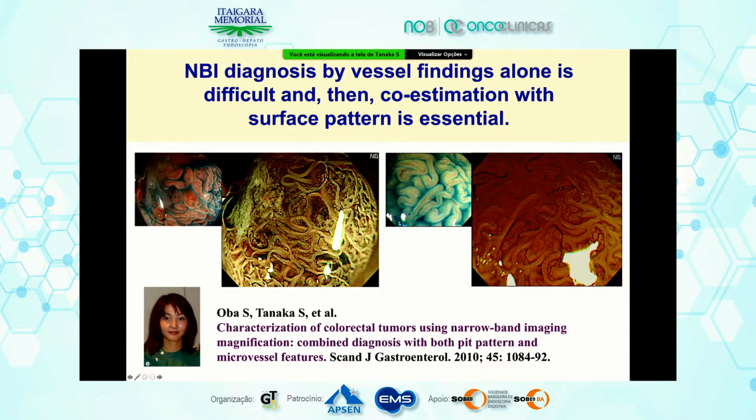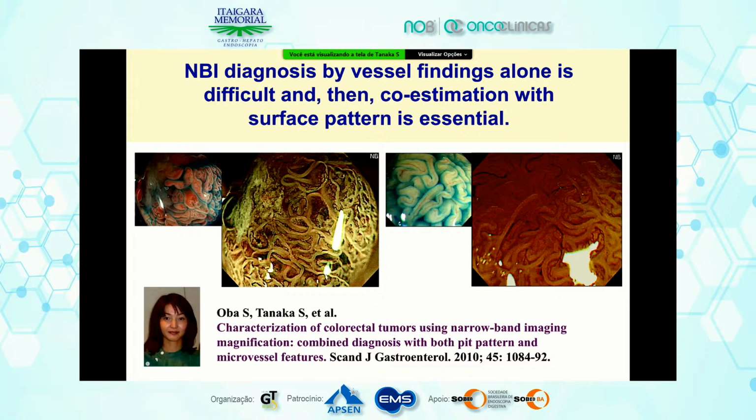Vessel pattern is a very irregular distribution, and there are dense areas. This is very irregular running. But if we focus on surface pattern, you can see a very smooth margin, a tubulovillous pit-like pattern. So even if vessel pattern is irregular, we can diagnose this lesion as villous adenoma by surface pattern.